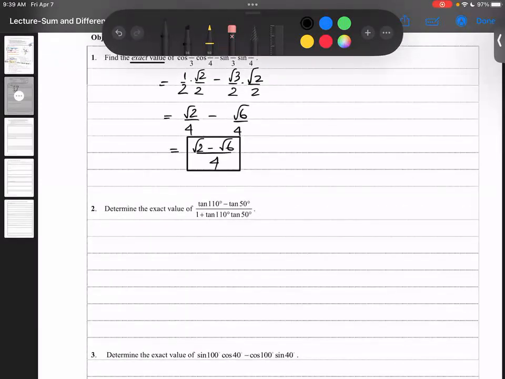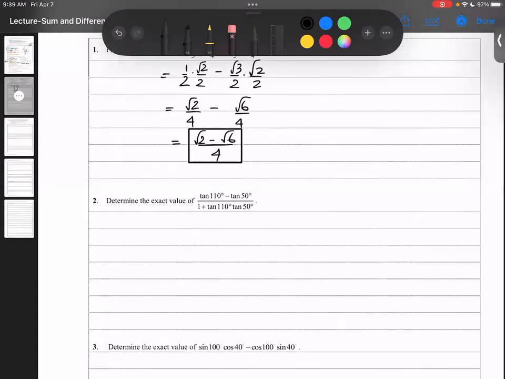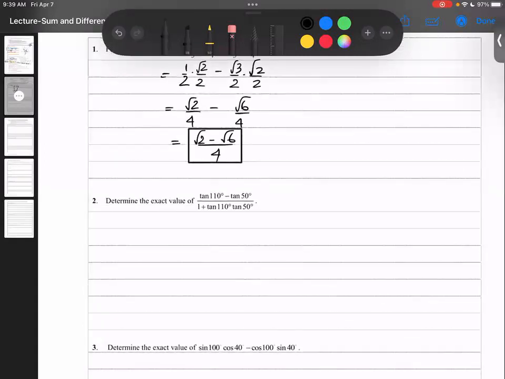What about number 2? Well, I don't see it. Is there an angle 110 degrees on your unit circle? No, right? So what we have to do is use the formula.